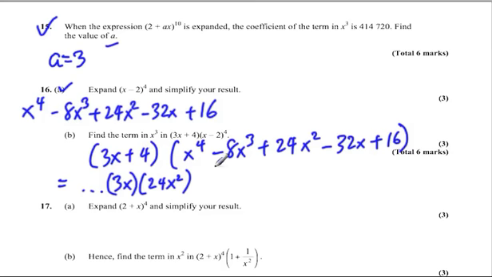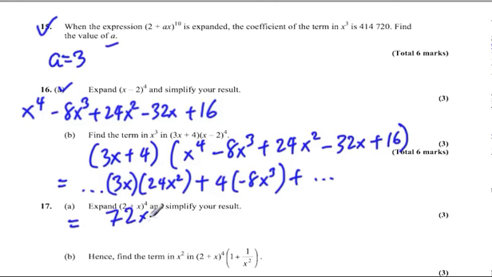So 4 times negative 8x cubed, so that's another term. It'll give you the x cubed term, and then we get everything else. And we really don't care about anything else because we're only interested in the x cubed term. So this is simply 24 times 3. So that is 72, so that's 72x cubed.